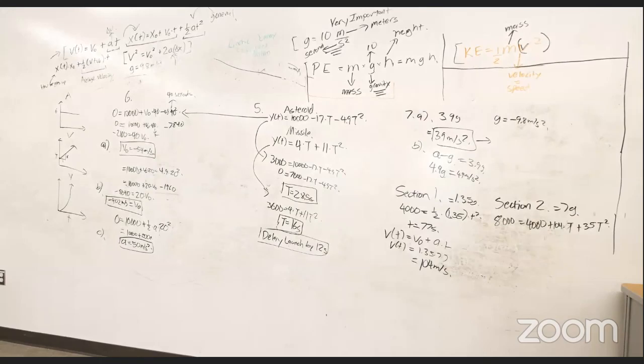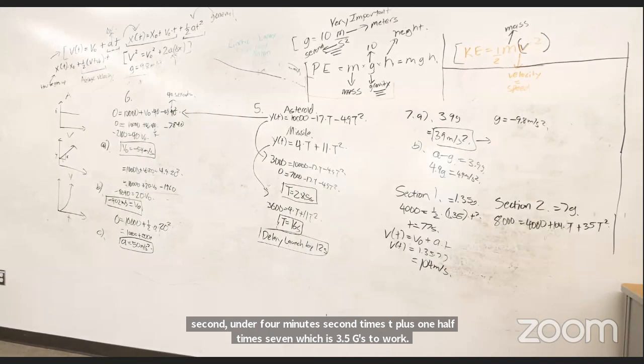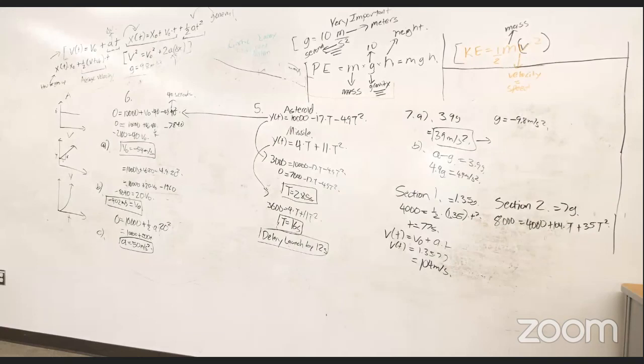To solve this out, I'm just going to put it into my calculator real quick. A is 3.5, B is 104, C is 4,000. Oh, this is C, C is there, 4,000. So this should be 22 seconds.